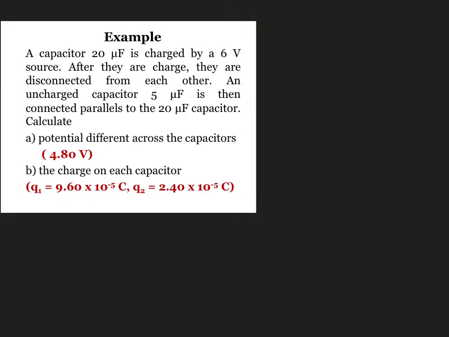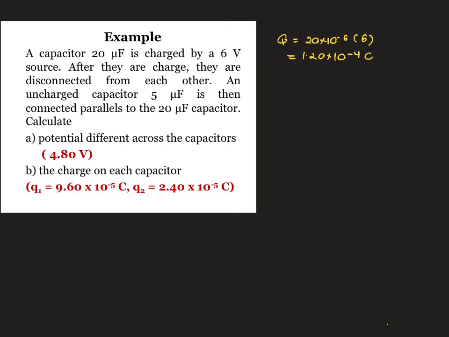First things first, we are going to find the charge on the 20 microfarad capacitor. So Q equals 20 × 10^-6 times the voltage, and you get 1.20 × 10^-4 coulomb. When it's fully charged, this 20 microfarad capacitor has a charge of 1.20 × 10^-4 coulomb.